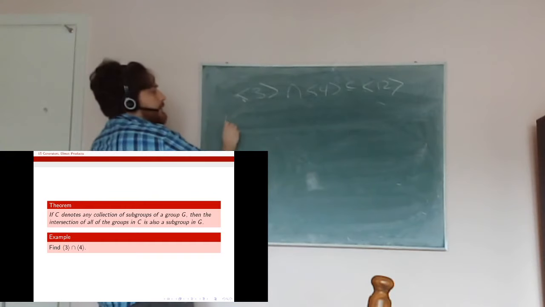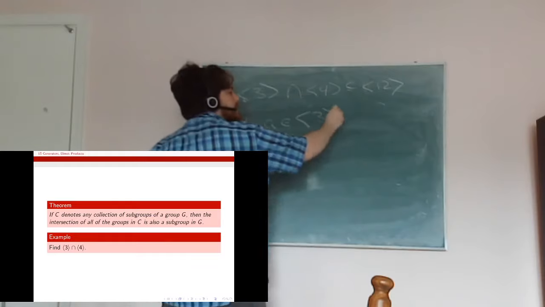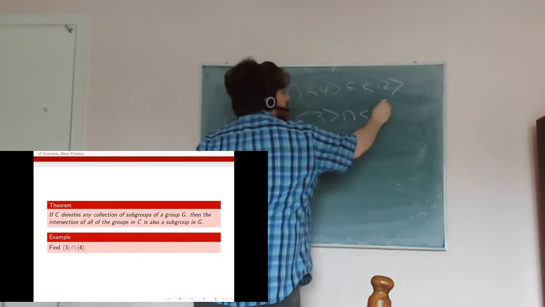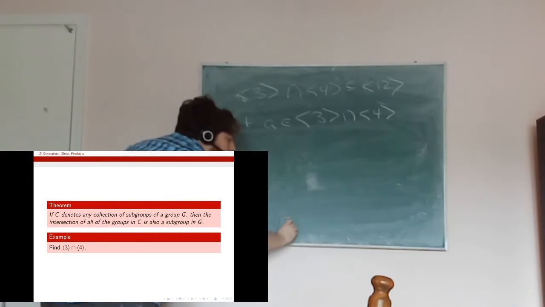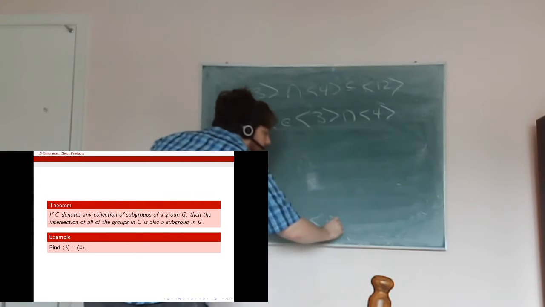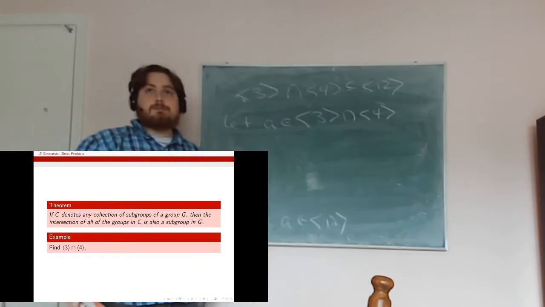And so what I'm going to do is let a be in the intersection of these two. And I have to show that then a is in the set of multiples of 12.